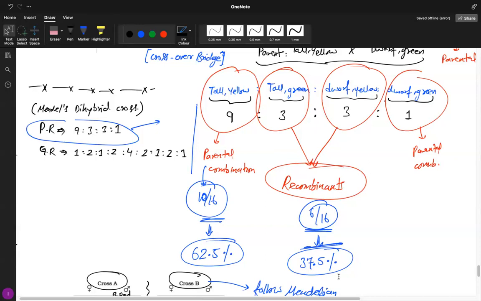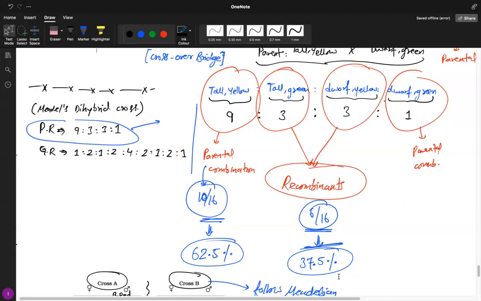If you are getting fewer than 37% recombinants and more parental combinations, then what can we say about those two genes? They do not follow Mendelian genetics. Yeah, so what do they follow? Why do they not follow Mendelian genetics? It's obvious that they're not, but why? What is the reason behind that?